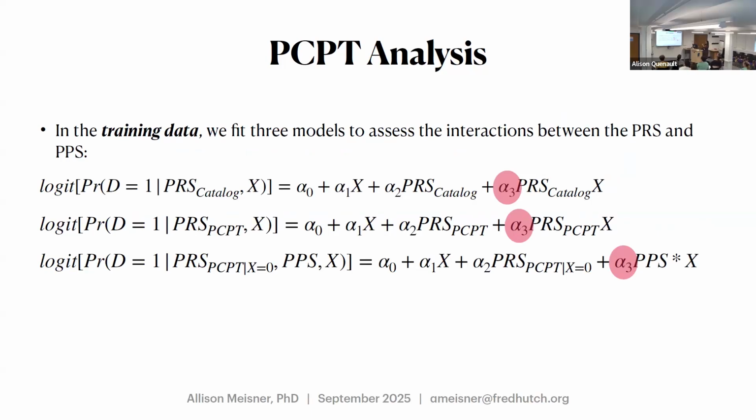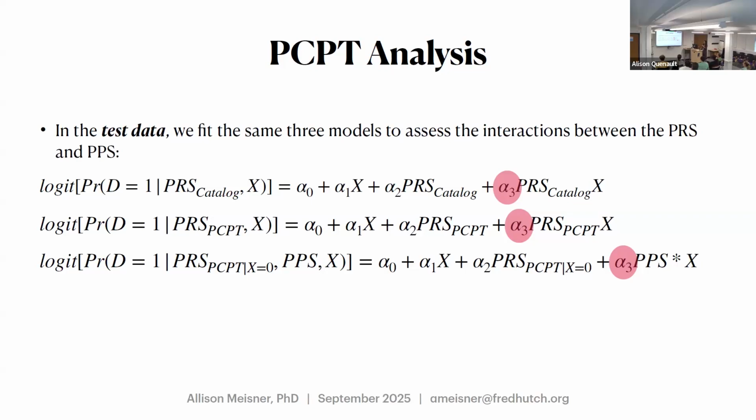We looked at that interaction coefficient alpha 3. For the next 2, the PRS_PCPT and then the one with the PPS, we would expect some inflation in those alpha 3 coefficients because we used the PCPT data to develop those scores and now to test their interactions. Especially we expect inflation in that alpha 3 for the PPS, and we'll see that in a moment.